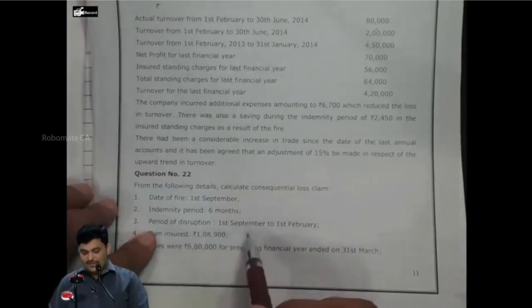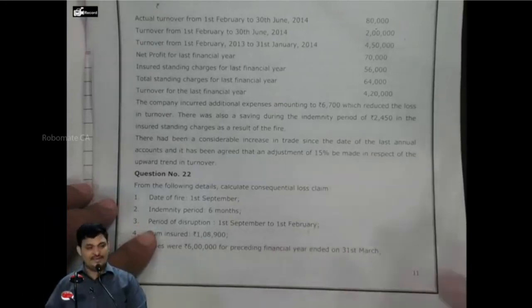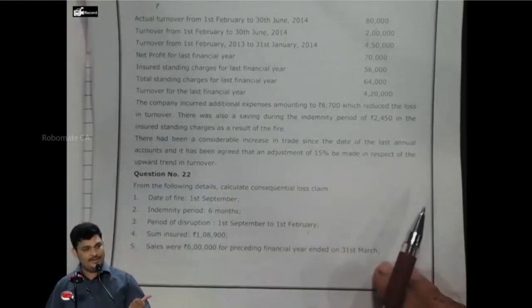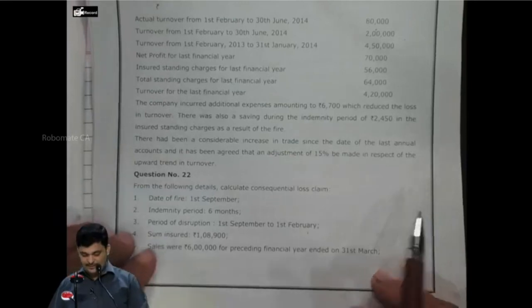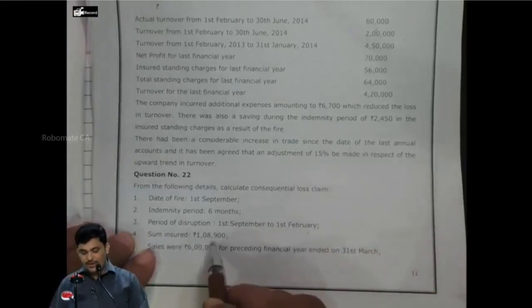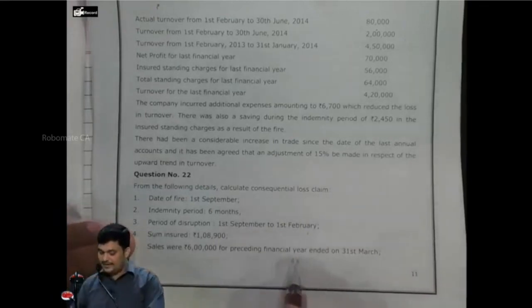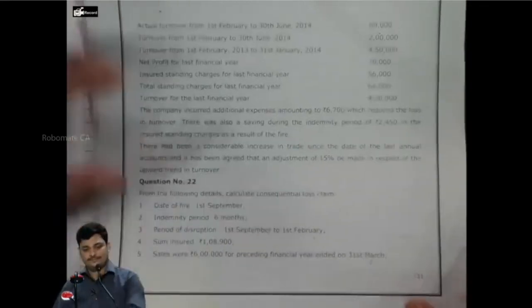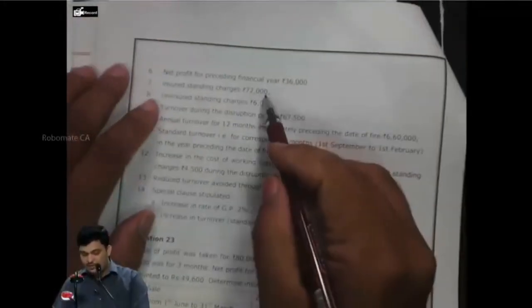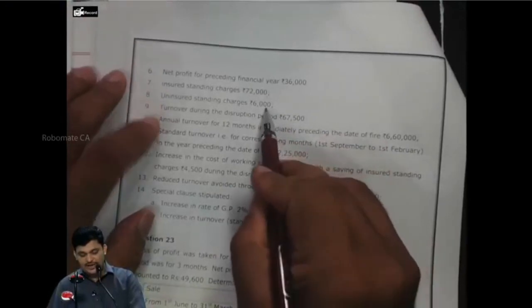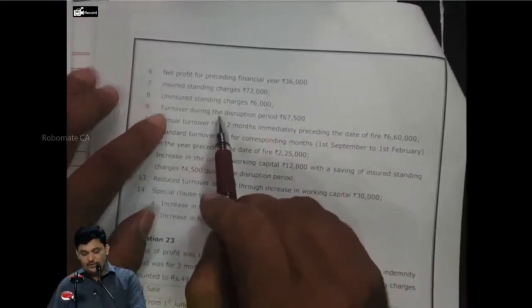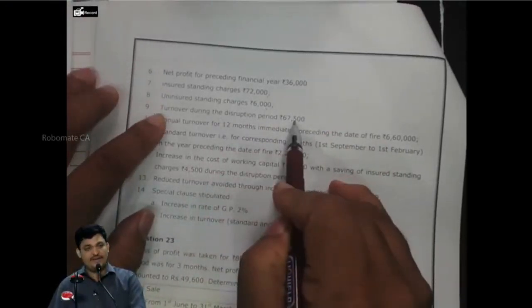Period of disruption 1st September to 1st February of next year. So September, October, November, December, January, 5 months. Sum insured 1,08,900. Sales were rupees 6 lakhs for preceding financial year ending 31st March. Net profit for preceding year given. Insured standing charges given. Uninsured standing charges given. Turnover during the disruption period 67,500.